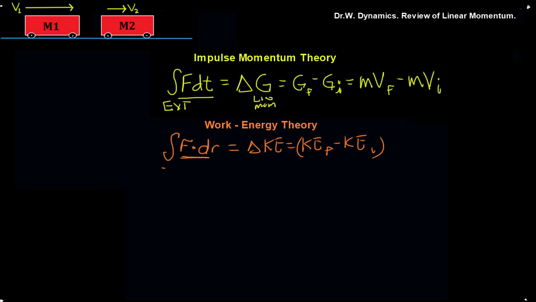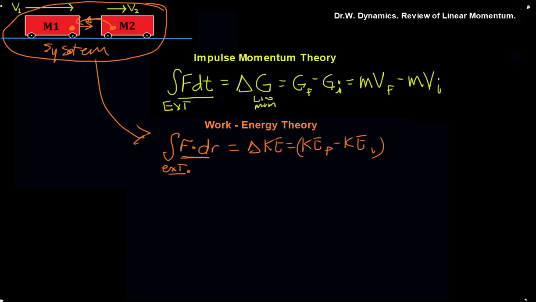And here again, we're looking for external work being done. If we look inside the wagons here, there are forces that are equal and opposite, and the work that wagon 1 imparts on 2, there's an equal and opposite amount of work imparted back onto wagon 1. So if we look at the system, there's no external work being done, and we would say then that it conserves kinetic energy.